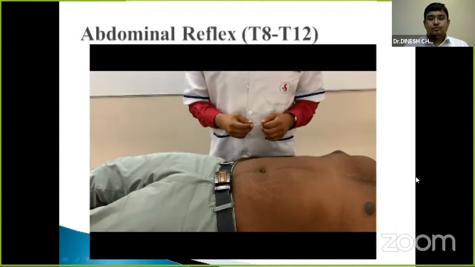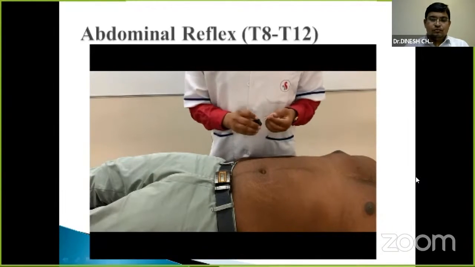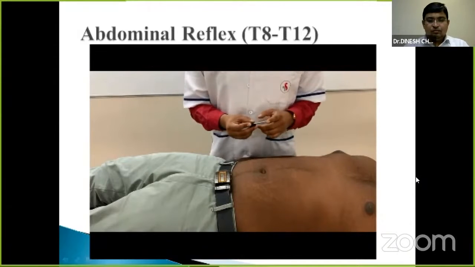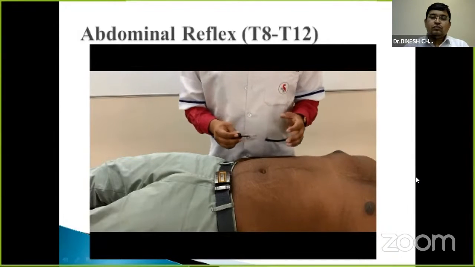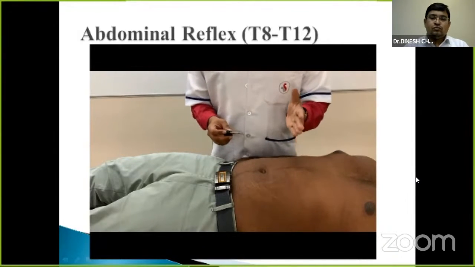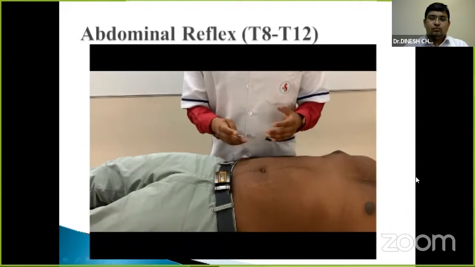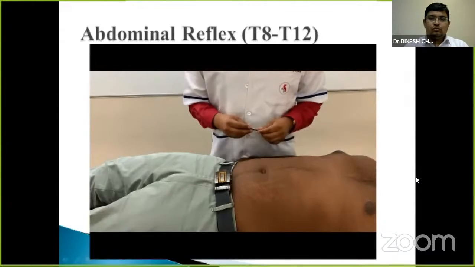It is a superficial reflex, so we will use a rough object, okay, it has to be rough so that it won't hurt the abdominal area. The superficial reflex is from T8 to T12. We have to do the movement in all quadrants.